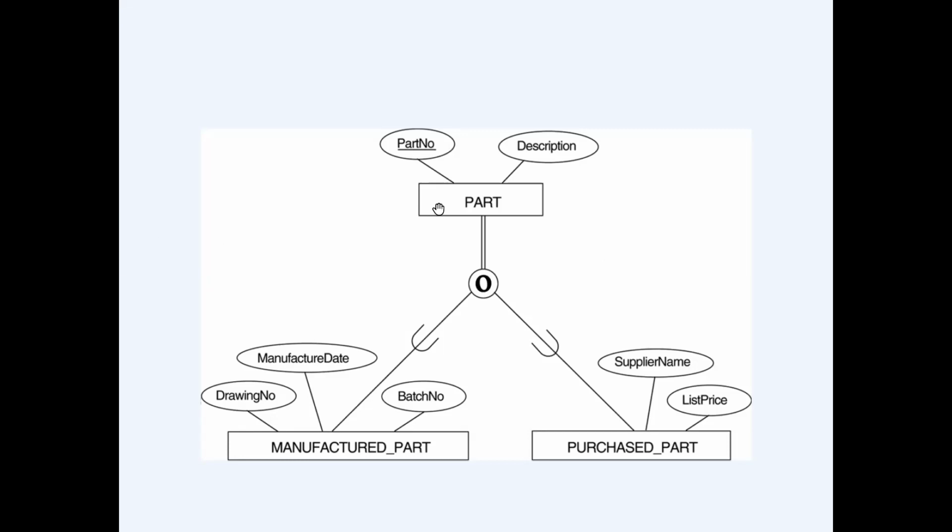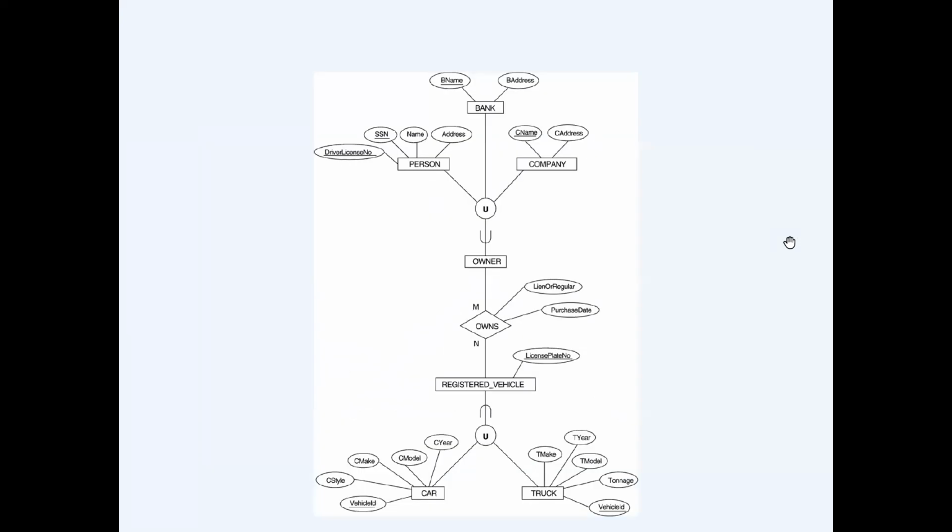Similarly, the next one is the union, or categories. That means in this particular case, sometimes when you are purchasing a vehicle, you might be taking a loan. So the ownership of the vehicle could come from a person or a bank or a company.